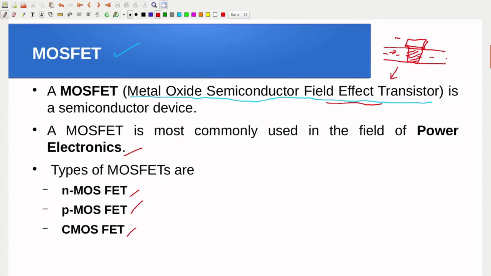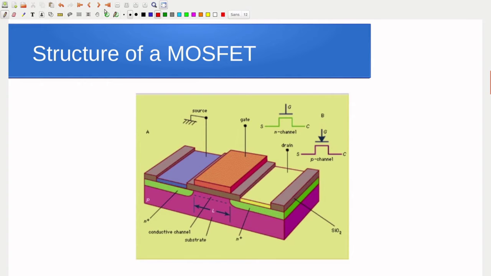We will see the various differences regarding these, the idea behind this classification in our session. Now we shall look into the structure of a MOSFET.